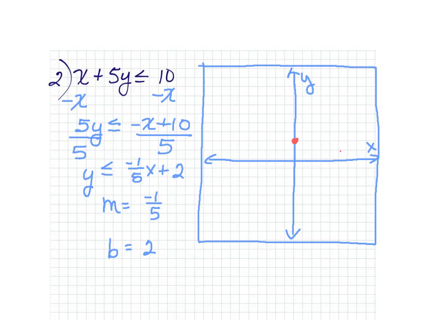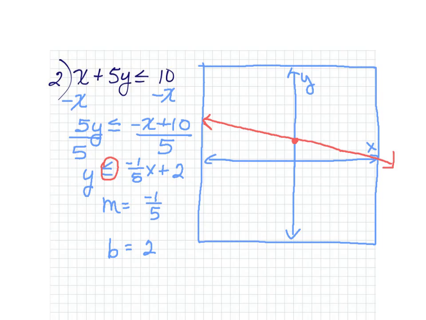Okay, so let's go ahead. Now let's look. This is a less than or equal to. If it includes the equal to, I will definitely have a solid line. Okay, let's try this again. Solid line through my points. Okay, now as you look at the square that I've drawn, this red boundary divides the plane into two half planes.